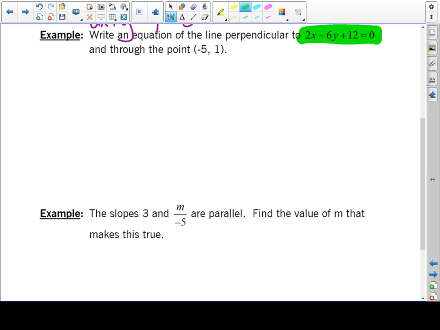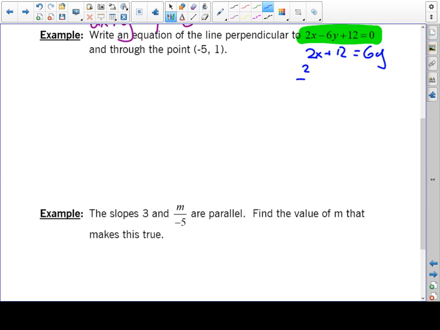So again, in order to find the slope, we have to put it into y equals mx plus b form. So 2x plus 12 equals positive 6y. Then we're going to divide everything by 6.